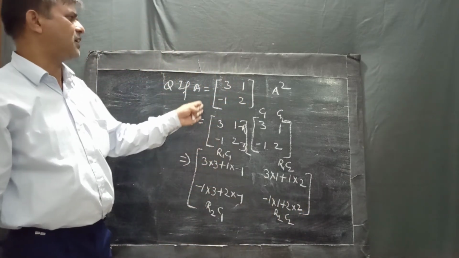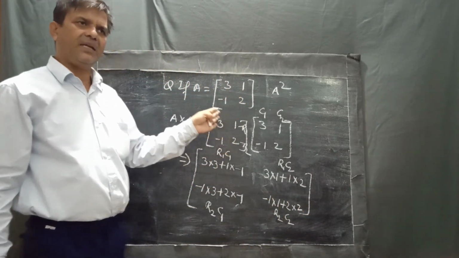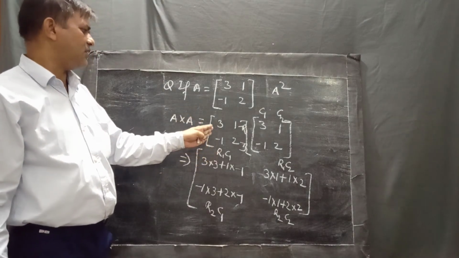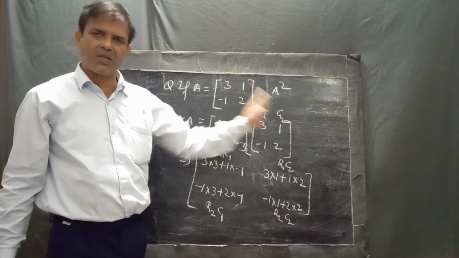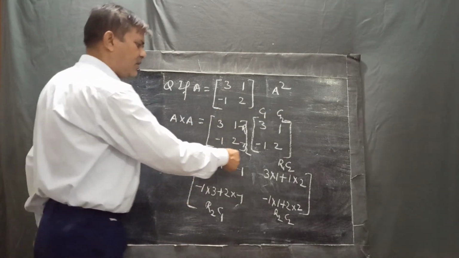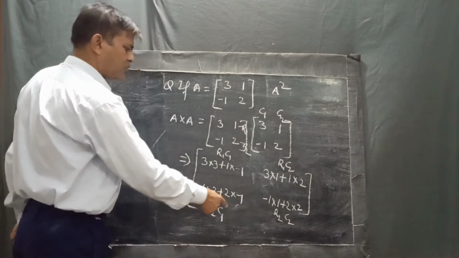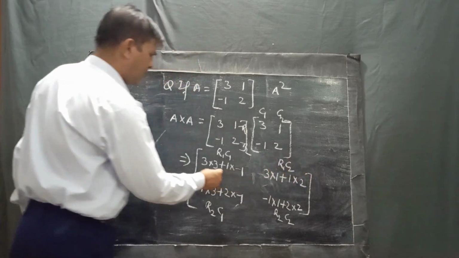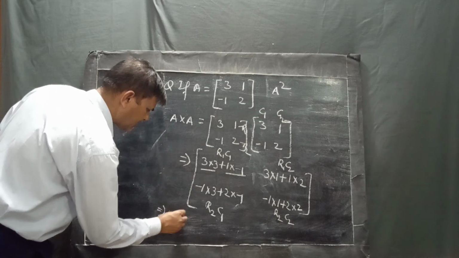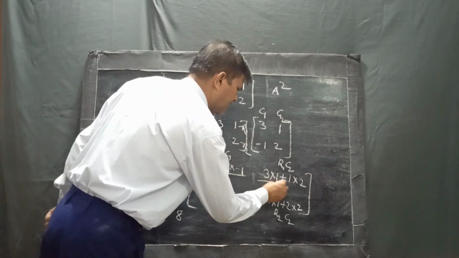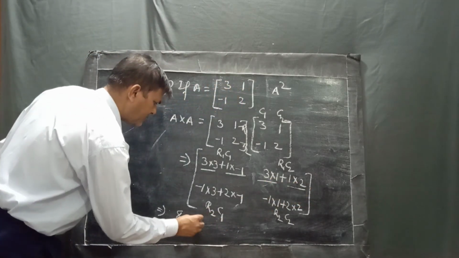So in multiplication of row and column, in the first matrix you go through the row, and for the second one, go through the column. So row 1 column 1, row 1 column 2, row 2 column 1, and row 2 column 2. Now 3 3s are 9 minus 1, this will equal 8. Second, 3 1s are 3 plus 2, 5.